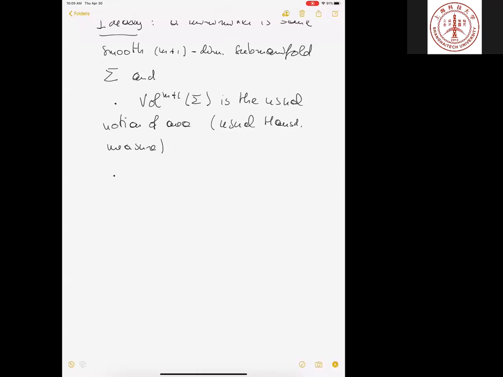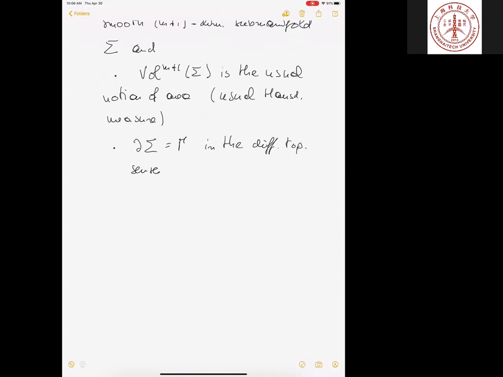And at the same time, the fact that gamma bounds sigma might be simply understood that the boundary of sigma is equal to gamma in the differential topological sense.